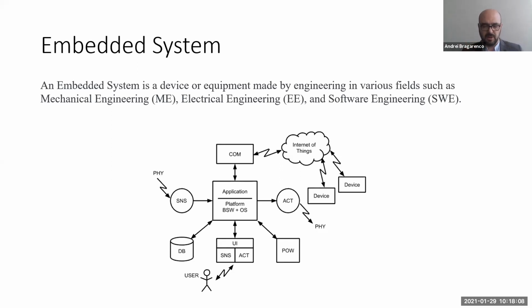And of course, the slide on the display and the reaction are programmed by software engineers. That means an embedded system is not only a mechanical piece or some electrical devices or some software on the mobile phone. It's a combination of everything.